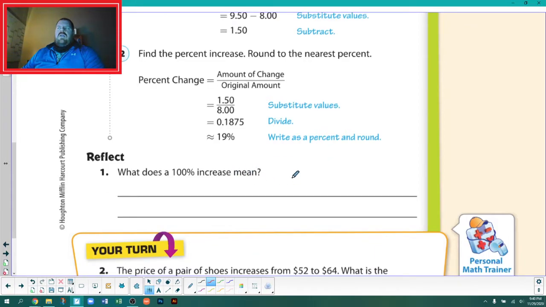So what does 100% increase mean? If something increases by 100%, a 100% increase means to double the original amount.